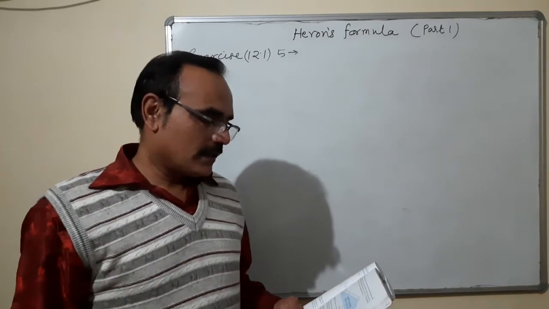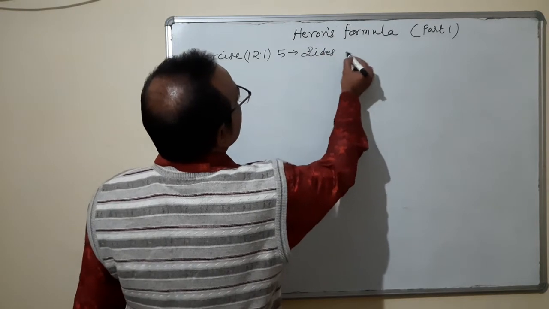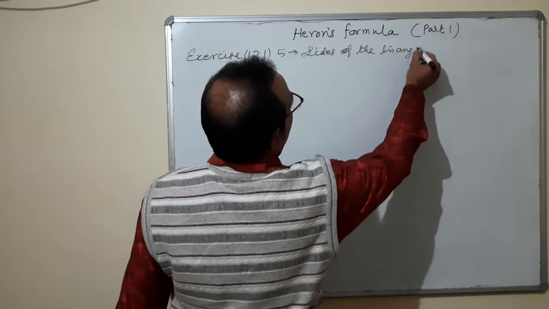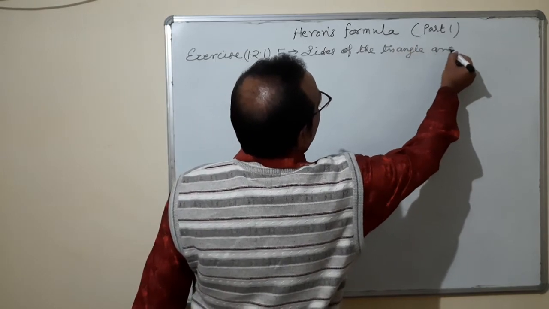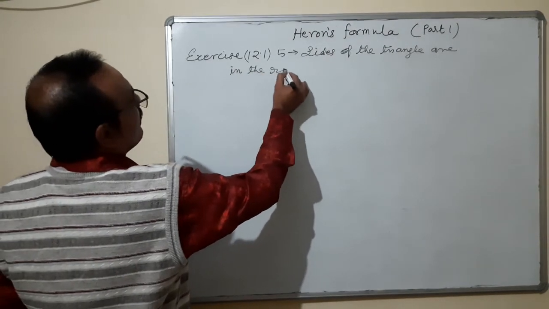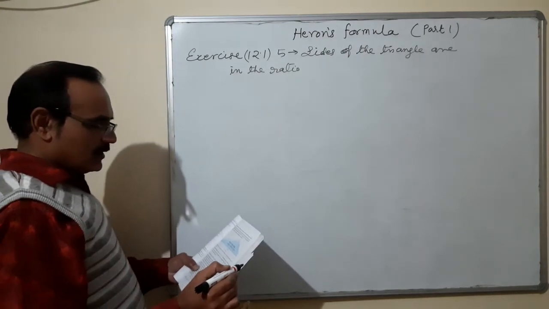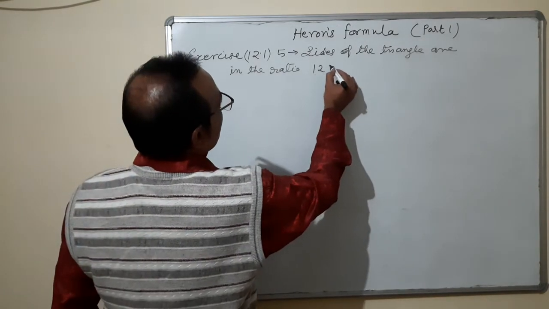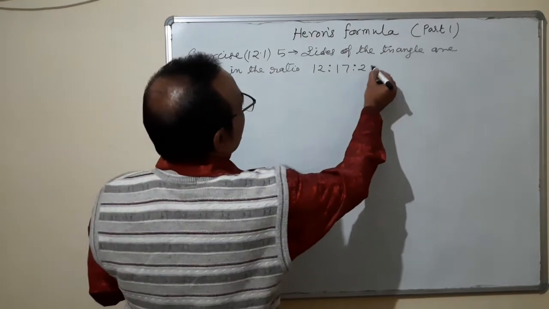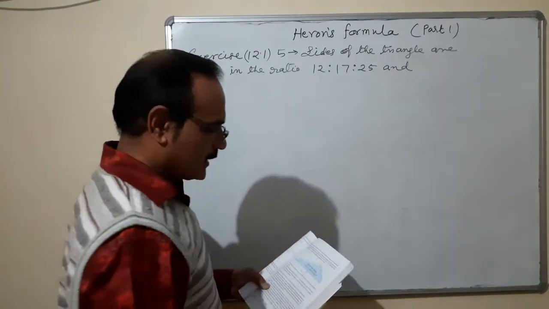Sides of the triangle are in the ratio 12 ratio 17 ratio 25, and its perimeter is 540.